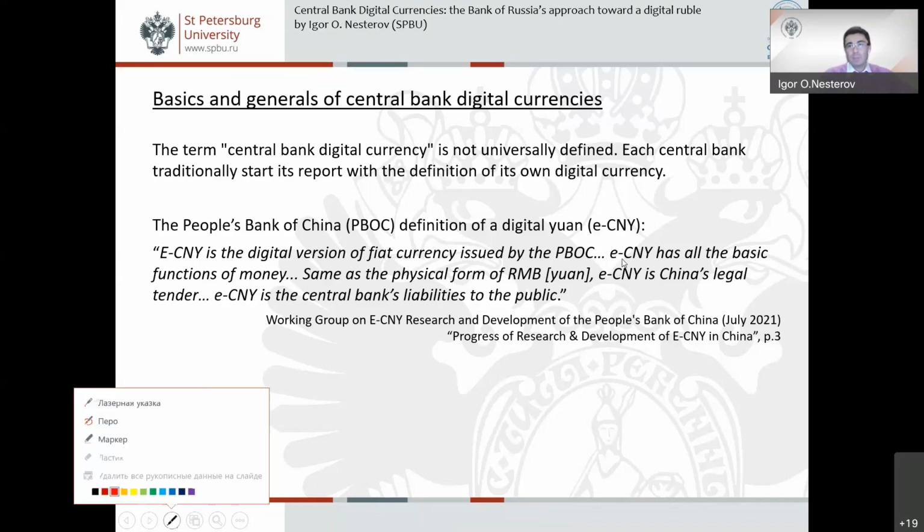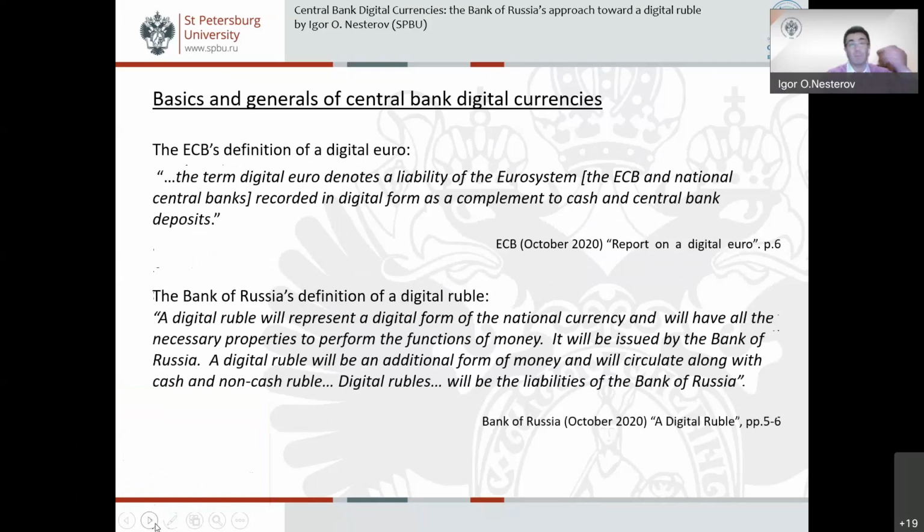So the digital yuan has all the basic functions of money, the same as the physical form of yuan. And the digital yuan is China's legal tender. So the digital yuan, e-CNY in short, is a central bank's liability for the public. That is the definition of the digital yuan. Let's move to the definition of the digital euro, for example, provided by the European Central Bank.